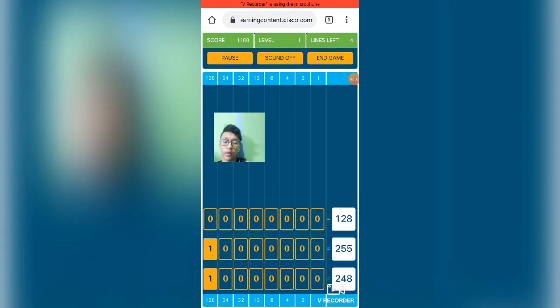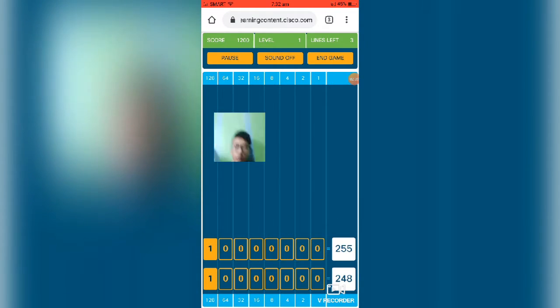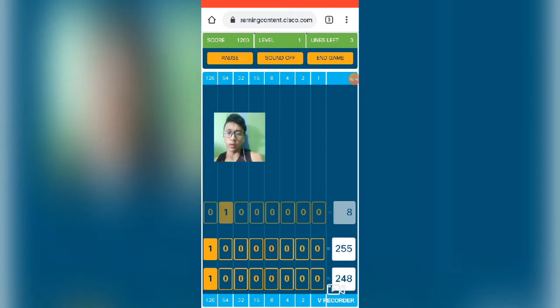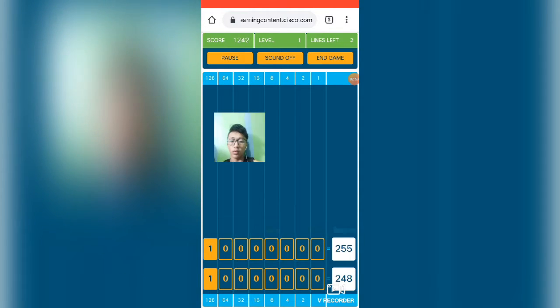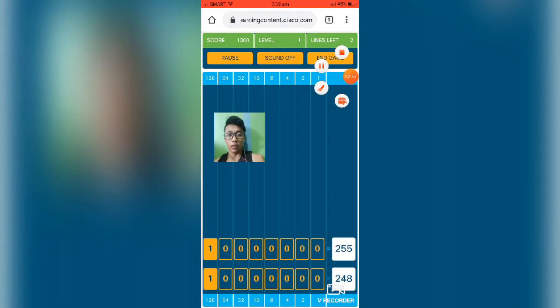So 128, 128 to 55. This game would help you a lot to practice the conversion of decimal to binary and binary to decimal. So we have to proceed to our next activity.